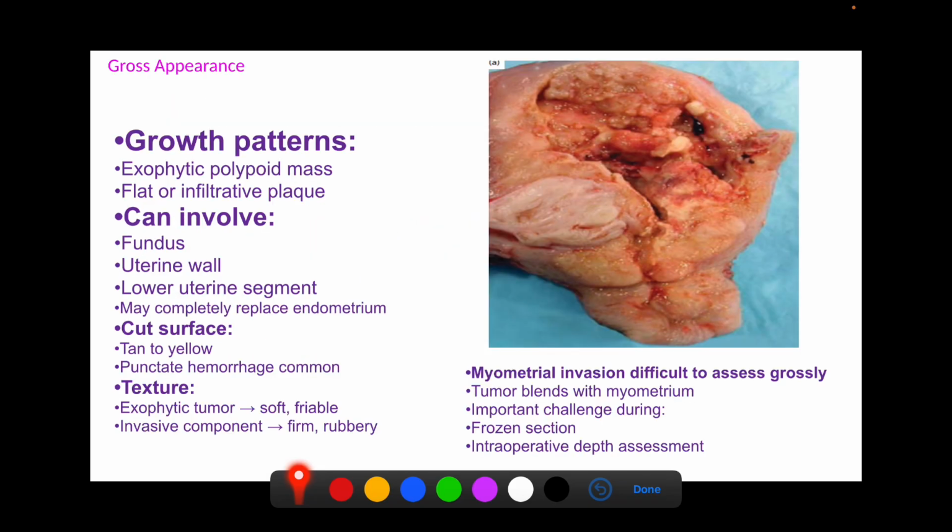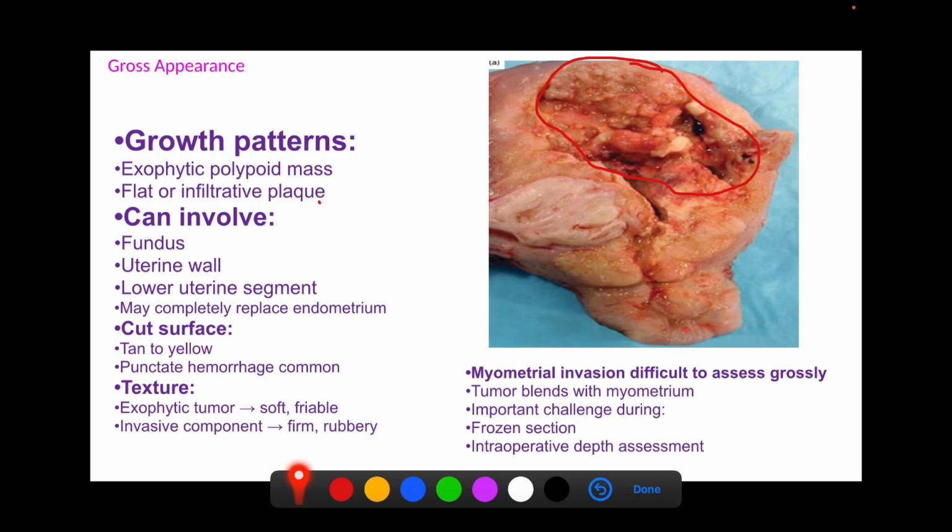Now, grossly, the specimen shows either an exophytic polypoidal mass, as we can see here. This is the exophytic polypoidal mass, and either a flat or infiltrative plaque. So here this tumor is present in the areas of fundus as well as lateral uterine wall, and this is the cervix.